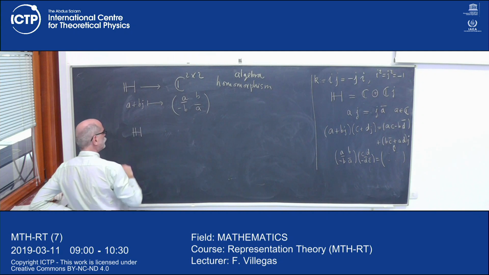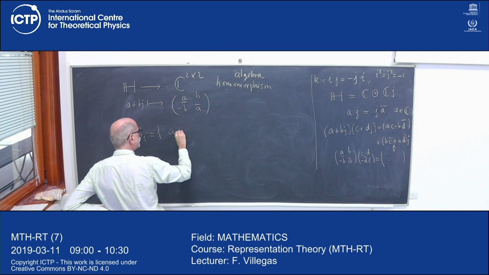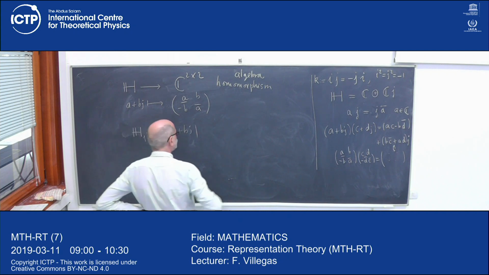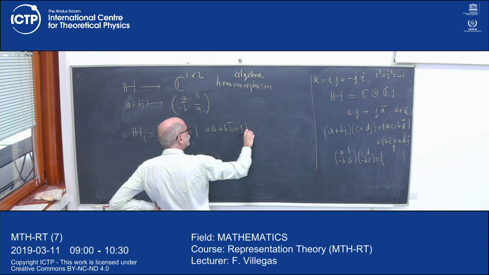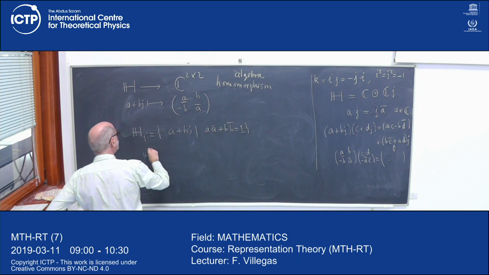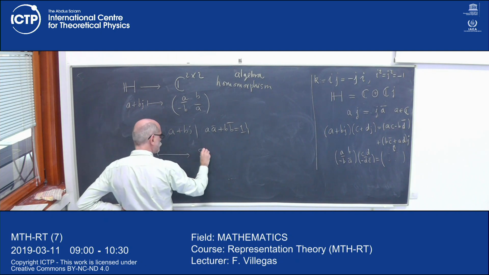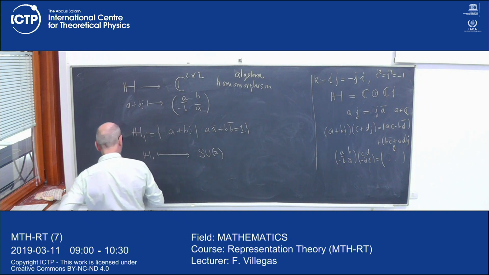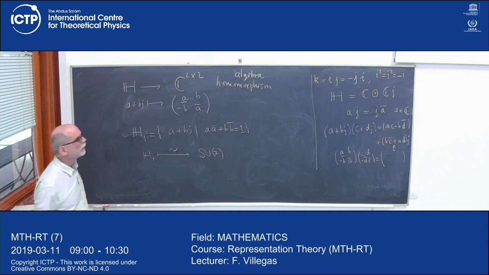So if I look at H1, defined to be the pairs a plus bj such that a a bar plus b b bar is 1, then H1 under this map gets mapped to SU2. And so this actually is an isomorphism. So it's a different way to give the same group.